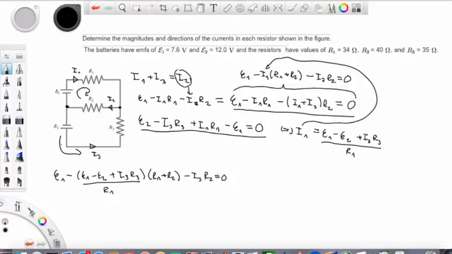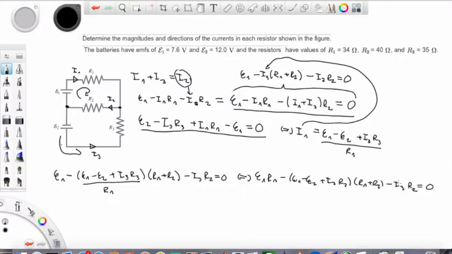So let's multiply both sides by R1 so we get rid of this denominator. Hence we get E1 R1 minus E1 minus E2 plus I3 R3 times R1 plus R2 minus I3 R2. This equals 0.